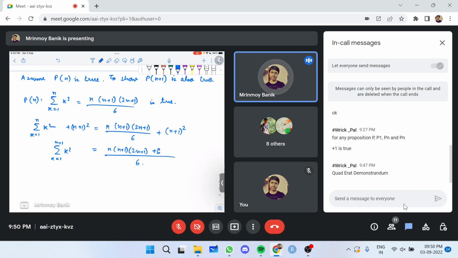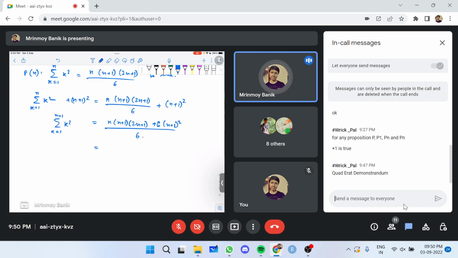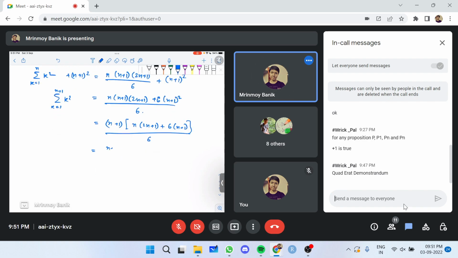So it's 6 times n plus 1 squared. You take common n plus 1. You get n times 2n plus 1 plus 6 times n plus 1, by 6. I guess we have to multiply them. 2n squared plus n plus 6n plus 6.